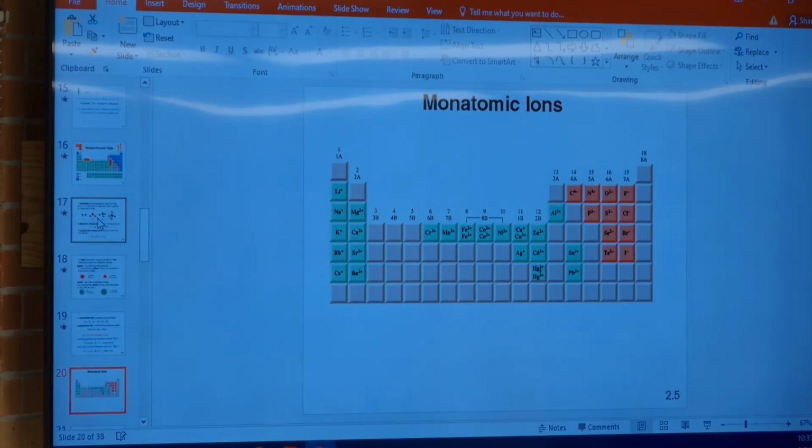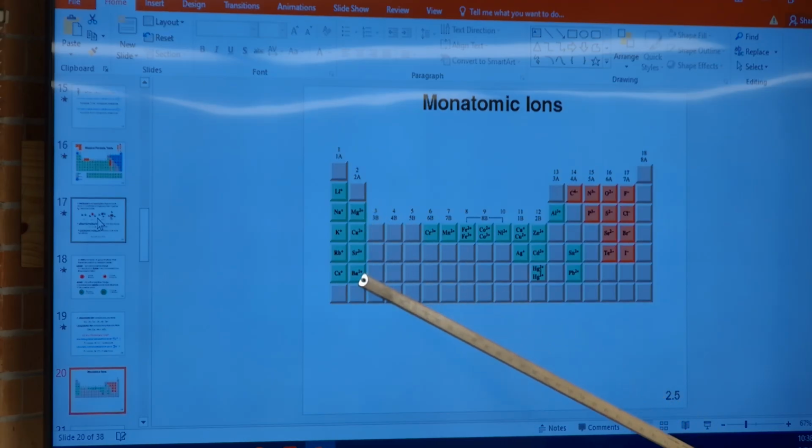Here shows some monoatomic ions. So group 1A actually includes hydrogen. Tends to lose 1 electron, becomes a 1 plus charged ion. Group 1A, a very active metal, tends to lose 1 electron, causing 1 plus charge. Group 2A, still an active metal, but not as active as group 1A.